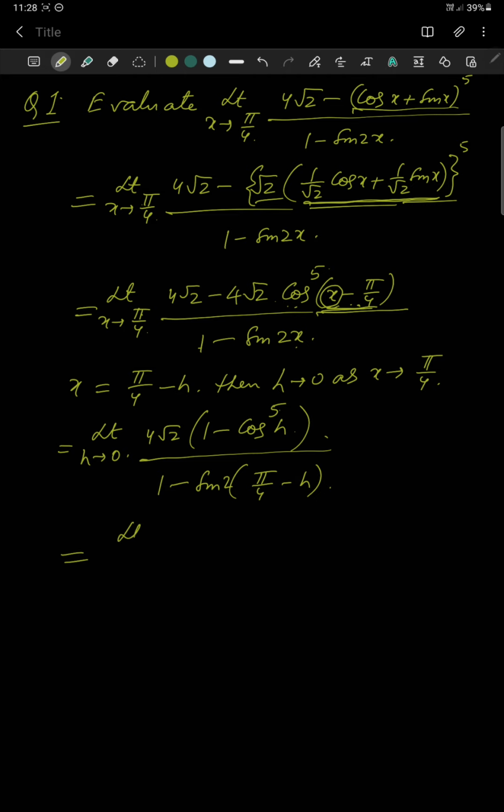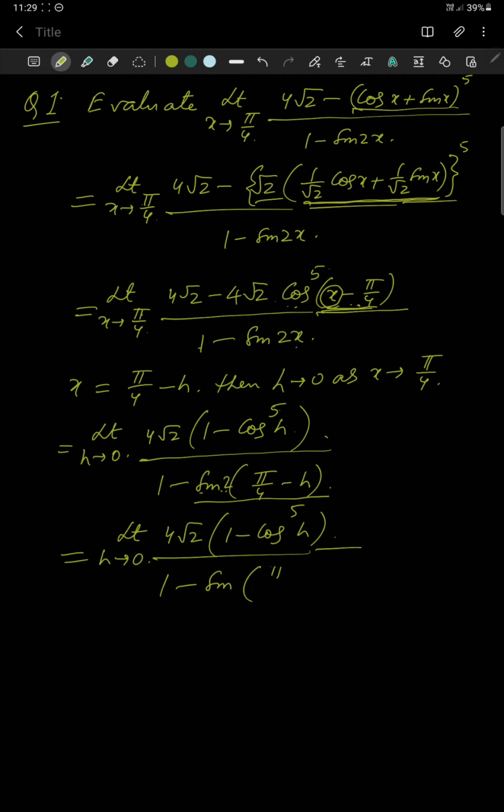So finally, limit h tending to 0, and in the numerator 4 root 2 and 1 minus cos 5h remains as it is, whole divided by, this whole thing can be written further as 2 multiplied with pi by 4 as well as h, so that it becomes 1 minus sin (pi by 2 minus 2h). I hope it is clear to all of you.